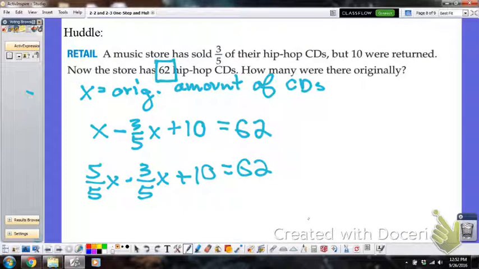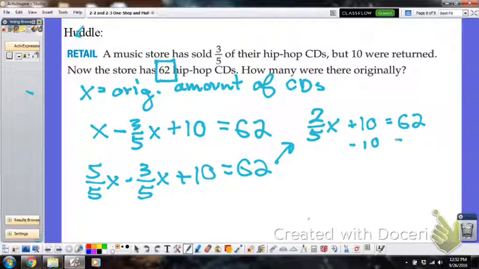So 5/5 X minus 3/5 X is the same as 2/5 X plus 10 equals 62. Got to get rid of this 10 here, so I will subtract 10 from both sides. 10's on the left cancel out, so I'm left with 2/5 X is equal to 52.